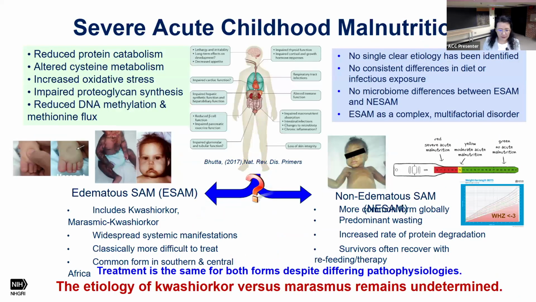In terms of the SAM forms, there are 2 types of SAM in childhood populations. On the right side is edematous SAM. The feature of that type is that when we push a finger down on the legs or feet, it's hard to recover very soon.